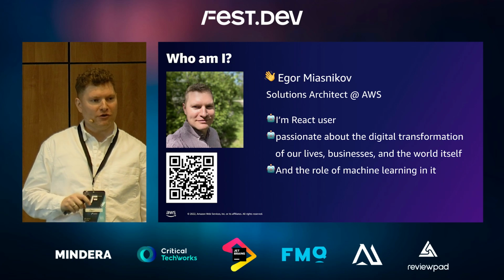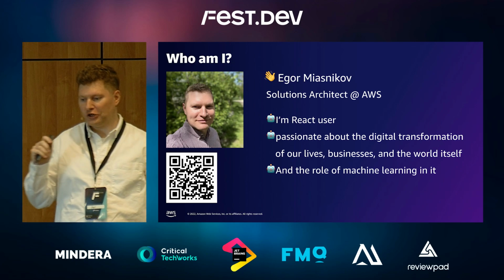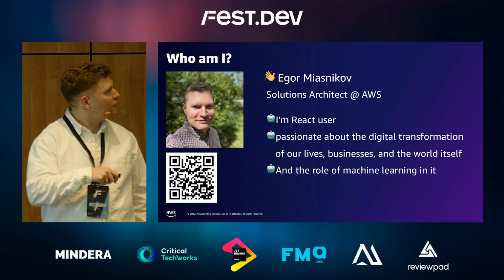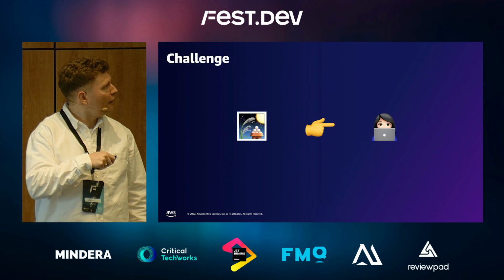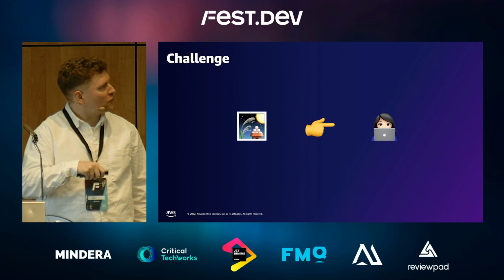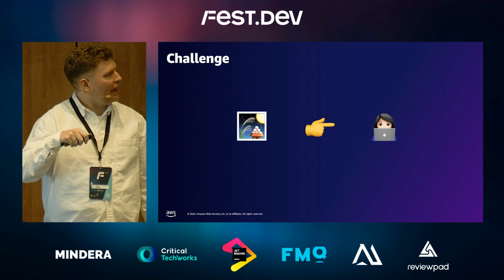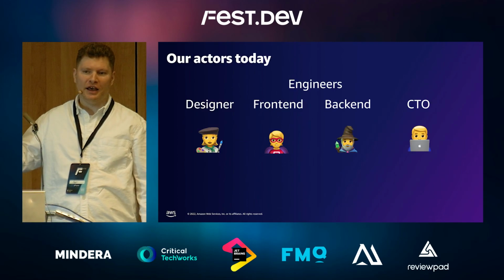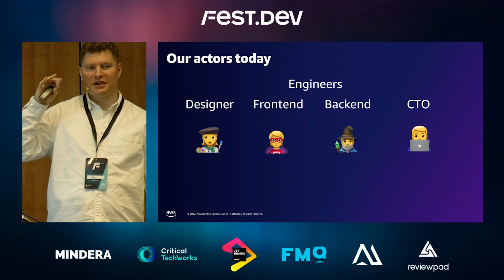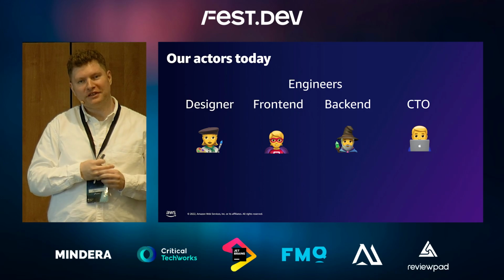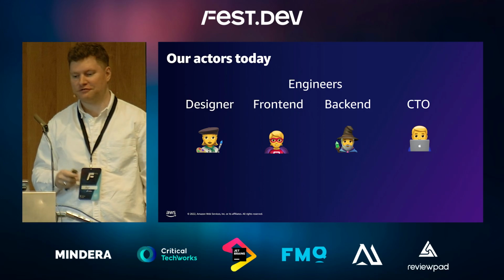And our actors today. So we have our fancy designer, front-end and back-end developers, right, engineers, and our CTO. I put the CTO on the screen because the CTO commonly tries to solve all these issues, right?